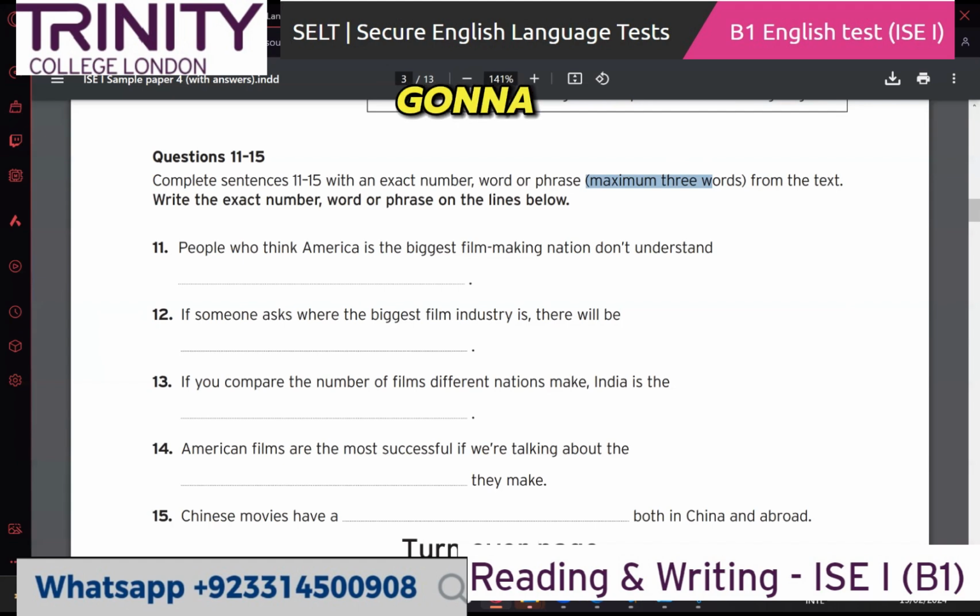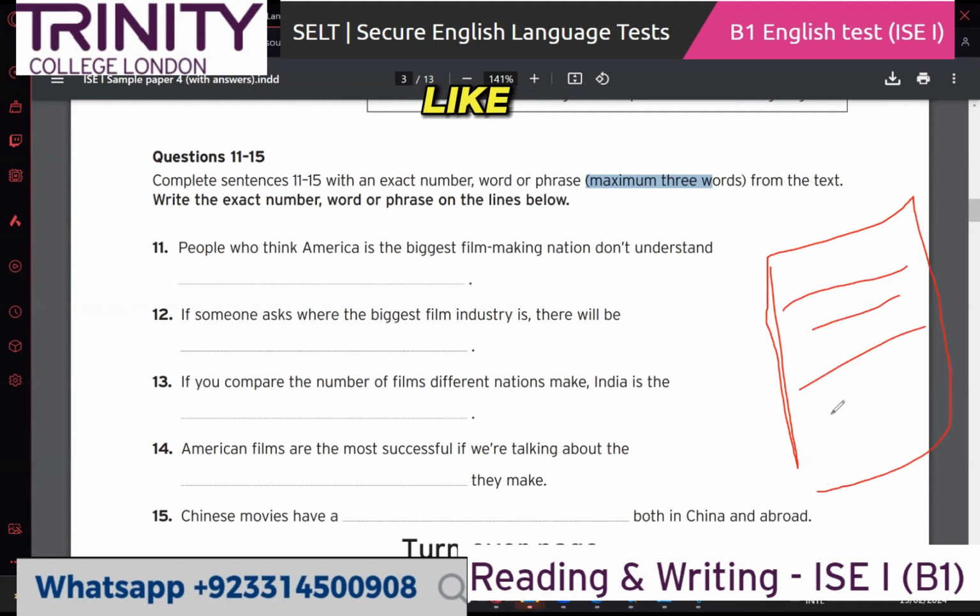This means you're not going to use your mind. You're going to think that this is a puzzle, and you have to find the missing word here. For fill in the blanks, the interesting part is that the information is always mentioned in a sequence, like in a descending order. If this is the text and I find the answer to statement 11 here, statement 12 would be mentioned in here, 13 maybe in here, 14 and 15 in here.